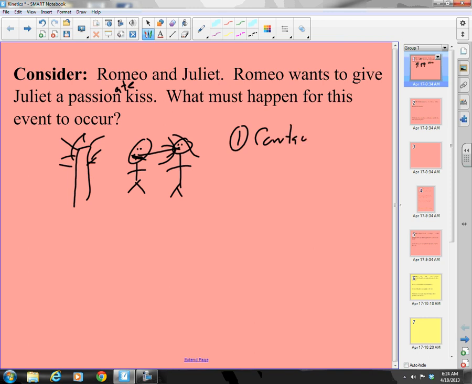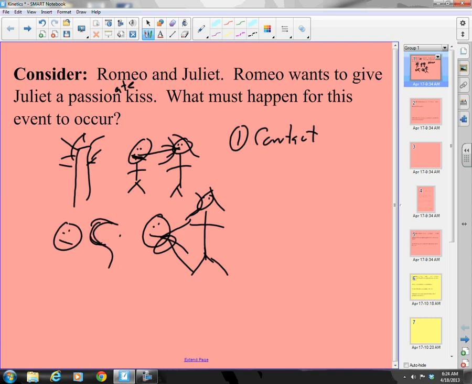Now, number two, what else must happen? He wants to give Juliet a passionate kiss. So is it okay if Romeo runs into Juliet's elbow? No, that's not going to be very effective. What if he runs into Juliet's shoe? No, that's not going to be very effective. What if he runs into the top of her head?